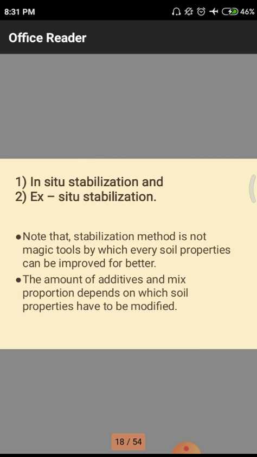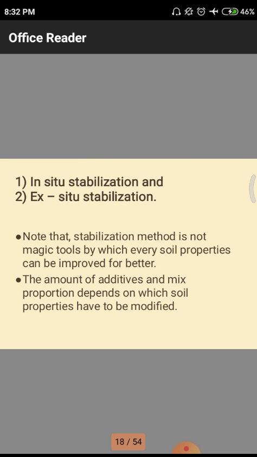Here there are two note points, and we have to observe those two points. First of all, a stabilization method is not a magic tool. It is an engineering tool, and there is a scientific mechanism behind it. Due to that scientific mechanism, the work is carried out through bonding, breaking and collapsing.